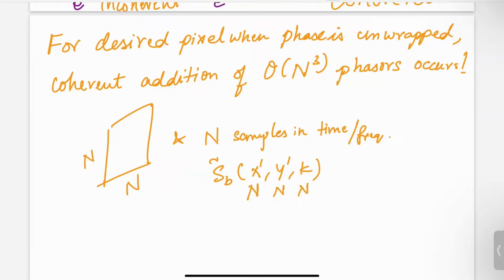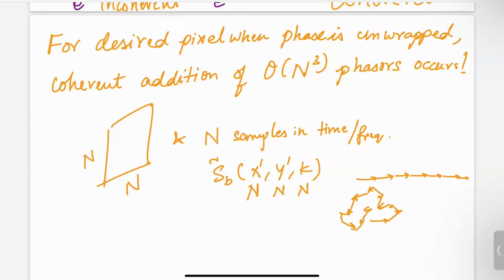So I have a 3D matrix of complex numbers, and each complex number is a phasor, right? When I coherently add them at a single pixel, you get n cubed. N cubed signals add up, they line up like that, right? So it's a lot. And then you add them all up, so you get a very strong signal. Whereas at another undesired point, it's very hard to exactly line up n cubed pixels. I mean, it may go all over the place, right?